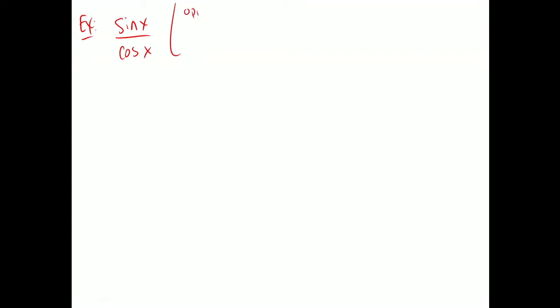Opposite over hypotenuse, and cosine is adjacent over hypotenuse, right? Now, the over hypotenuse for each of them cancels, right? If I divide both of them by the same thing, well, then I might as well have not divided at all. So really, this is just opposite over adjacent.